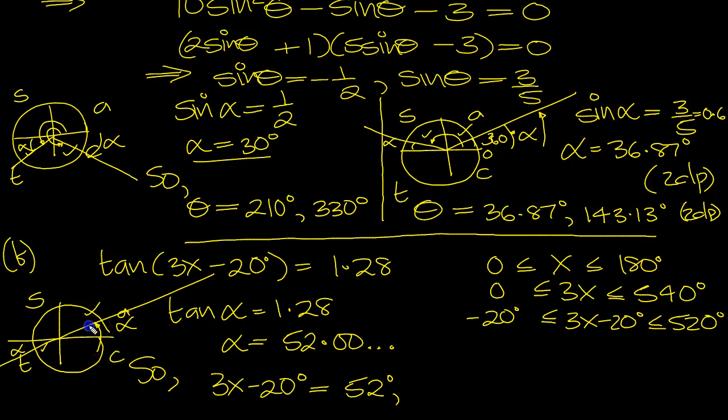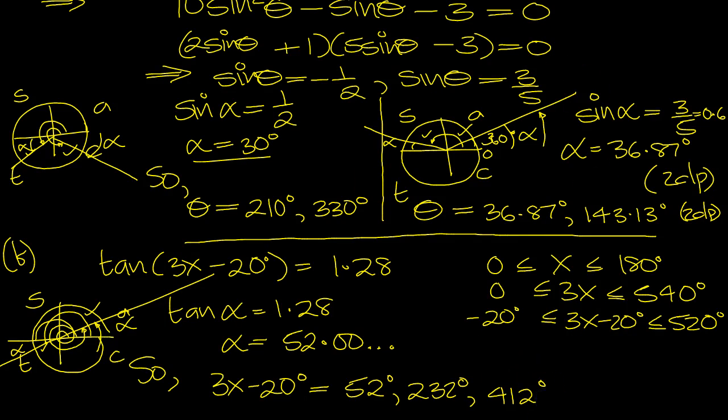The next solution from minus 20 round to here, 180 plus 52, which is 232 degrees. The next solution, keep going round to 360, round to here, 360 plus 52 is 412 degrees. And then the next one, if there is one, will be round 360, 450, 540, and the next one would be here, which is outside our range, so we only go up to 520. So these are the three solutions then.